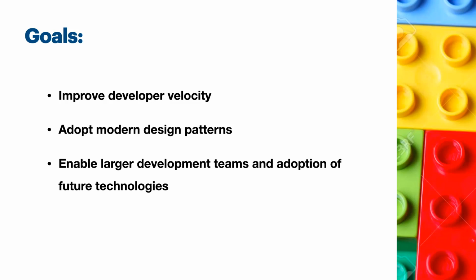And the patterns that work for smaller development teams don't necessarily work for a team of 40, and what works for a team of 40 may not work for a team of 100. So we really wanted to enable our growing development team, and also set us up to adopt future technologies we might be interested in. Like right now, we aren't actually using SwiftUI, but we might want to in the future, and we want to have an architecture that keeps that door open and allows us to have that possibility.